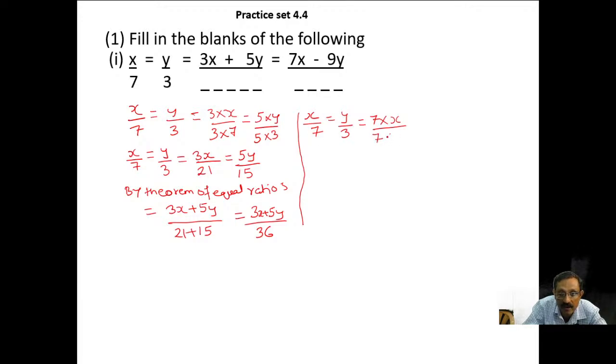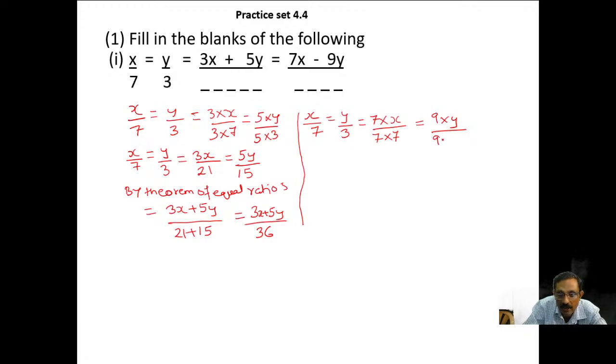Which is equal to, now here 9 into y, that means this y is getting multiplied by 9. So 9 into y upon 3.